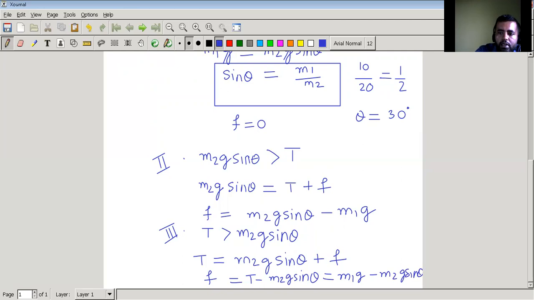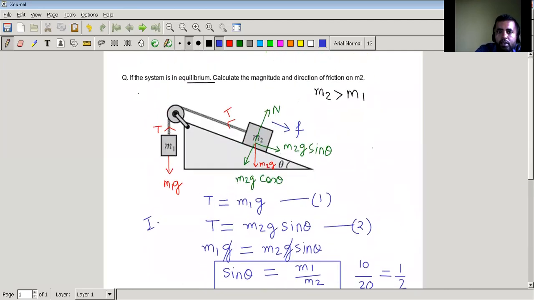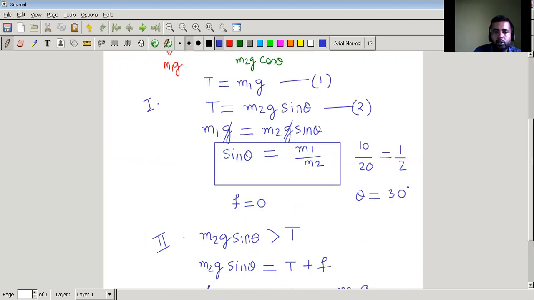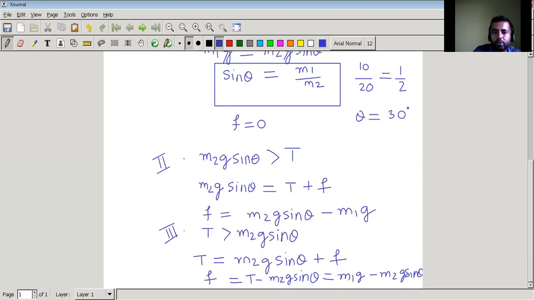Now as you can see, there are 3 answers to it. The block can be in equilibrium in case 1, where you don't need any friction. In case 2 you need friction, and in case 3 again you need friction. We have not given any numerical value, but what is more interesting is that static friction is a self-adjusting force.